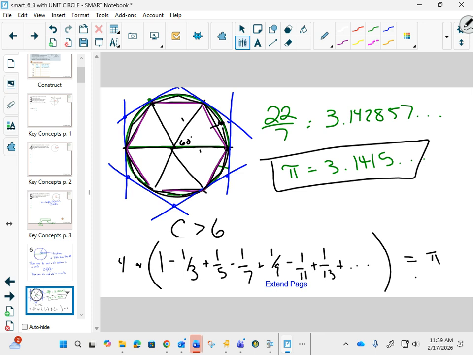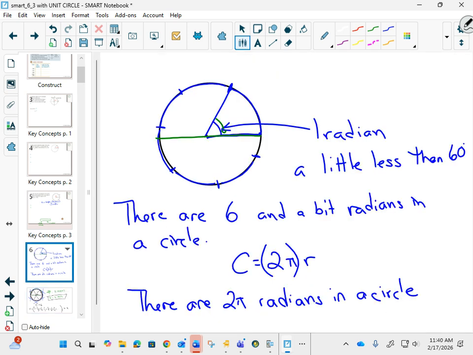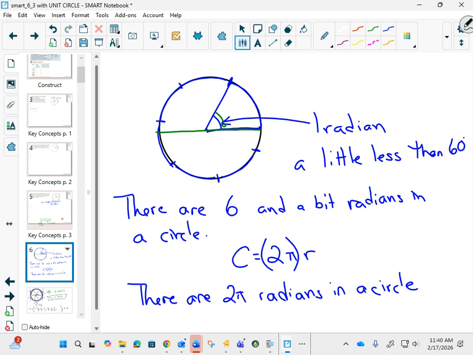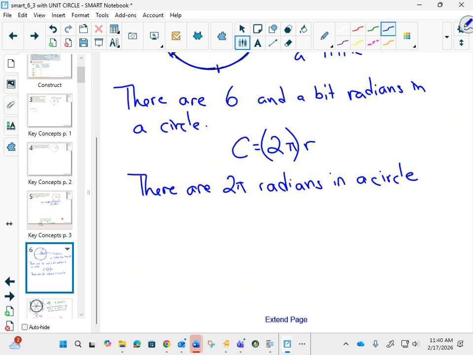So we can now go back to our notes and say, we now know there are 2 pi radians in a circle, and now you have an opportunity to switch between radians and degrees. 2 pi radians is equal to 360 degrees.